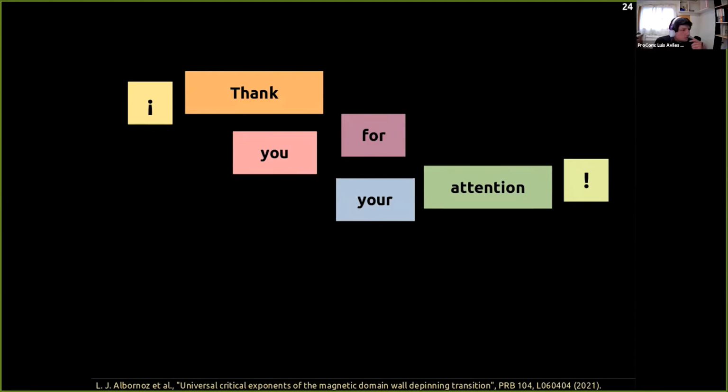Is there a way to subtract or to remove this influence in case you have some pinning center? How do you avoid the influence of this in case you have this in your measurement? I think that if you have too many, then it is very difficult to study this in the framework in which we are studying this, because we consider that the disorder is rather weak.